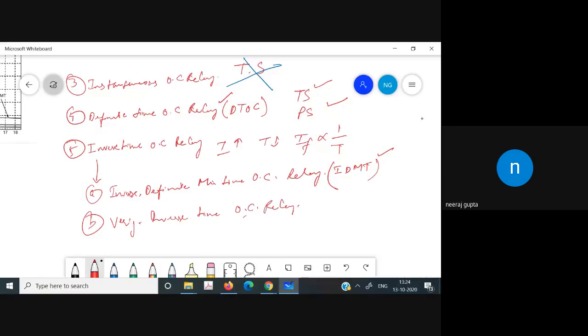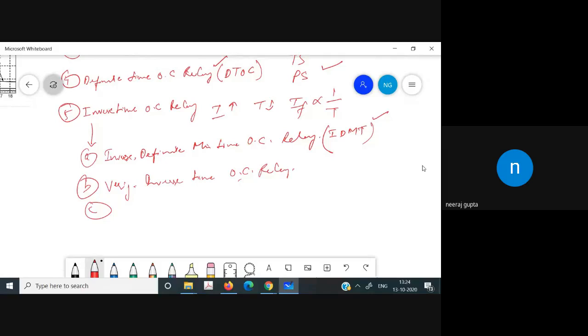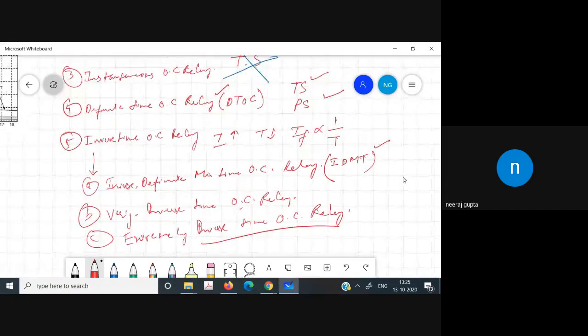And then we will have the extremely inverse time overcurrent relay. So these are the different types of relays that we have studied.